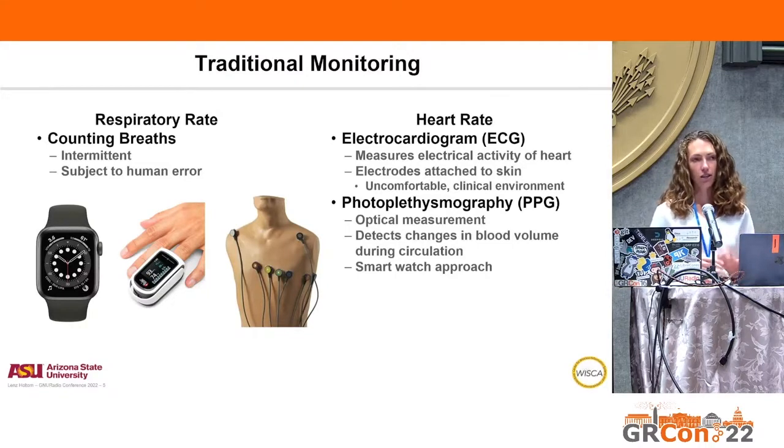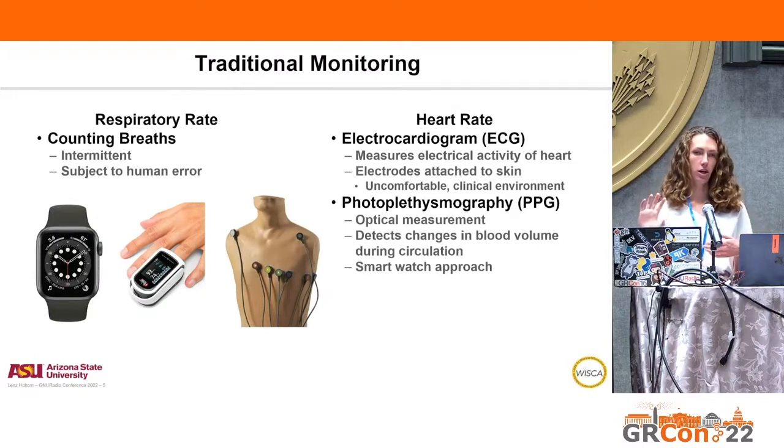An alternative way that the heart rate is often measured is with the PPG, which is an optical measurement. You're shooting some kind of optical wavelength towards the skin, and it's measuring the absorbance of that light that's sent at your skin. The absorbance differs depending on how much blood volume is in your extremities.